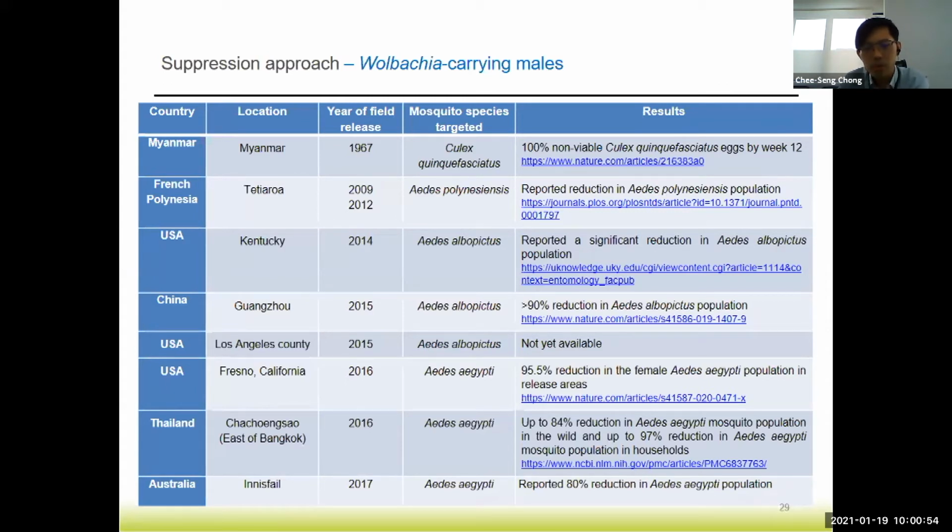Of course, only in the last 10 years or so have more countries started to really look into this approach again and test how it can be used for population suppression. You can see the whole list here of the different countries embarking on Wolbachia. And we have also provided a link so they can read up a bit more later on.